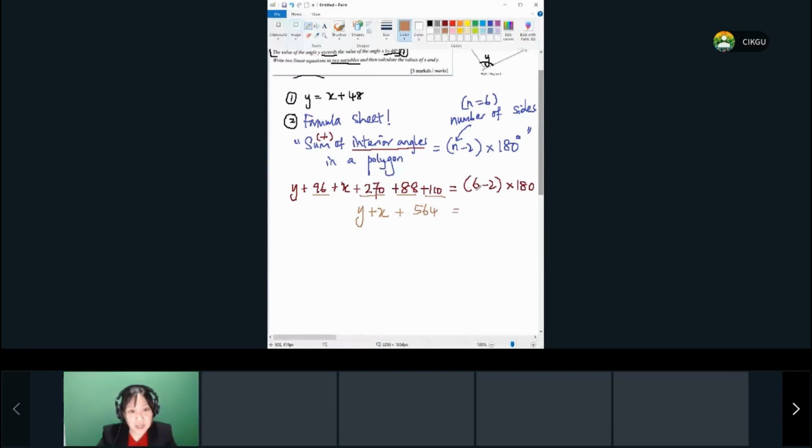Equals, this one also can press in the calculator. 6 minus 2 is 4. 4 times 180 is 720. So here we can balance the equation. The 564, since it's a number, throw to the other side with the numbers. So 720 minus 564. So y plus x equals 156. Okay, so done. This is our second equation.